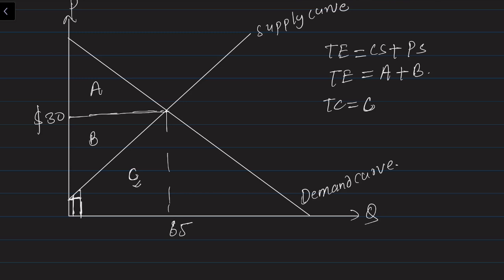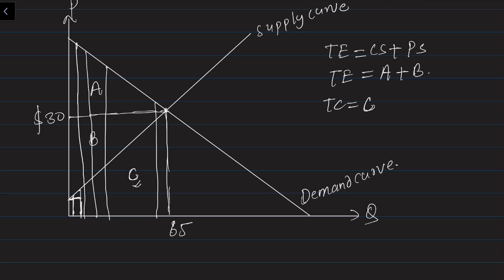Now what is the total benefit in the market? The total benefit is basically the total satisfaction that the consumers get in the market, right? The total satisfaction is basically the sum of each marginal satisfaction, right? So when we sum up these small rectangles until this equilibrium point, we'll get the total benefit.